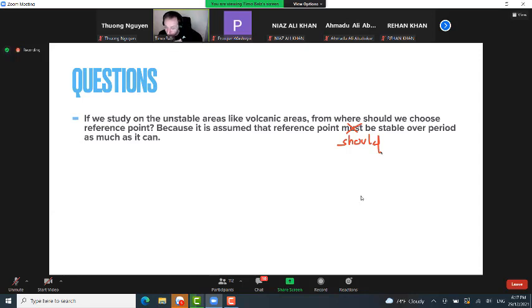So a stable point would now go 10 millimeters up, because relative to that reference point it goes up 10 millimeters, although in actuality the reference point is the one that is moving. You need to be aware of that.